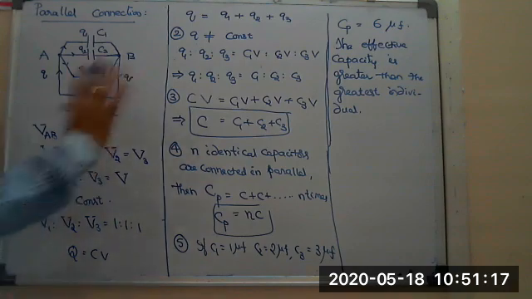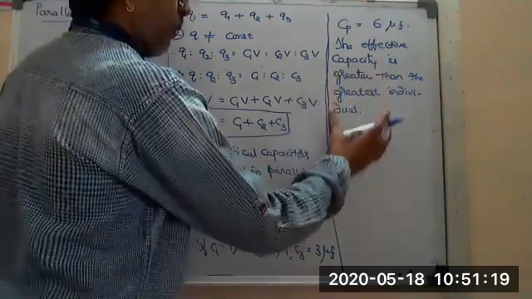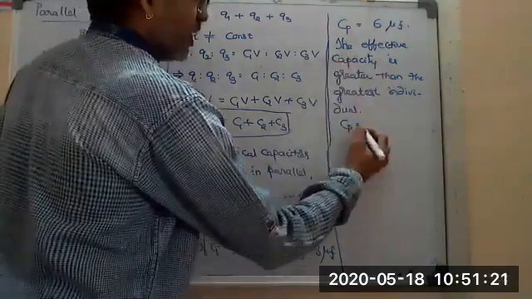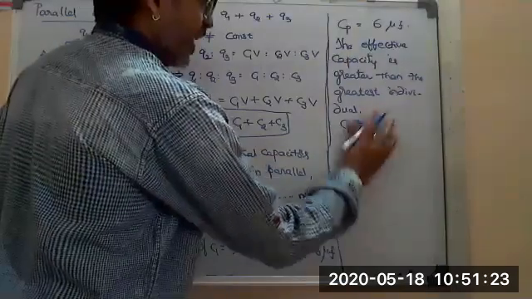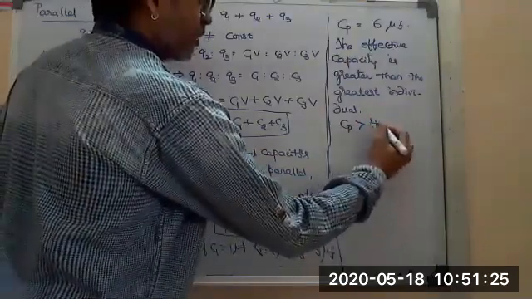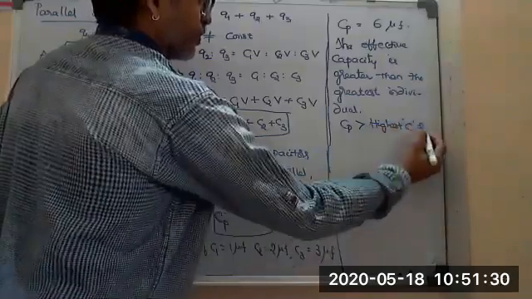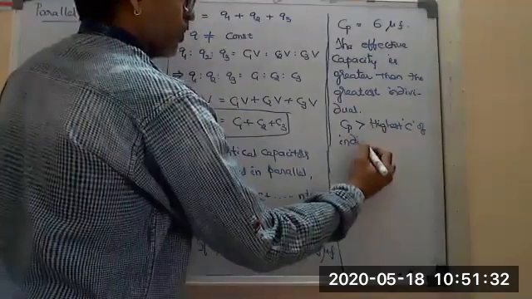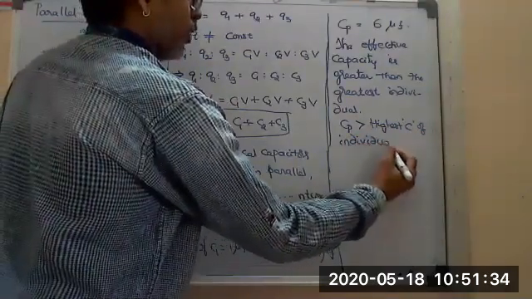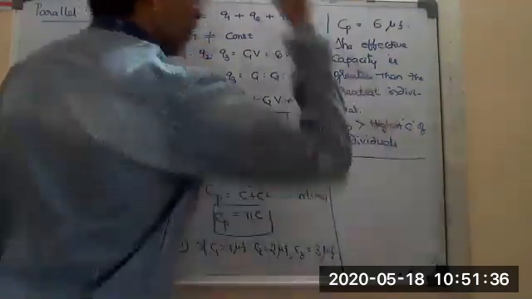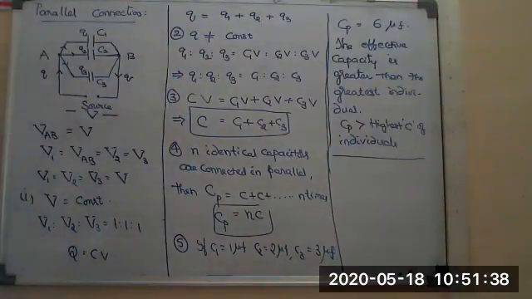So you can conclude in parallel, Cp is greater than the highest individual C. This is the fifth point what I say.